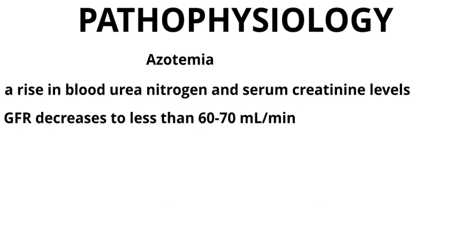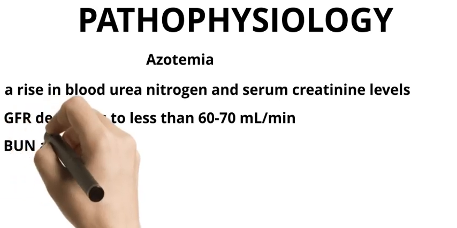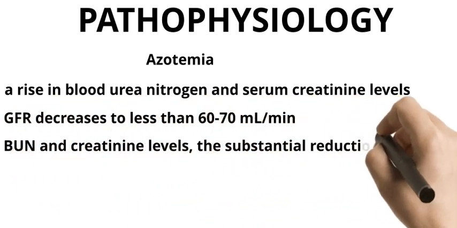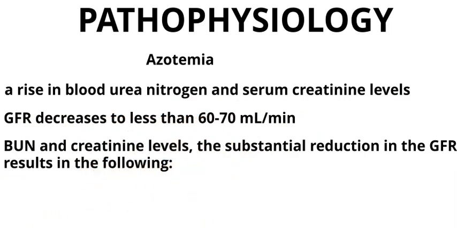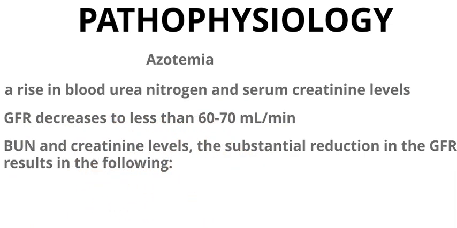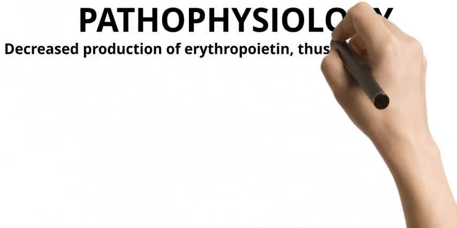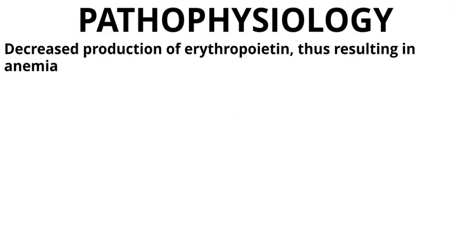In addition to the rise in BUN and creatinine levels, a substantial reduction in glomerular filtration rate results in the following. 1. Decreased production of erythropoietin, hence leading to anemia. 2.